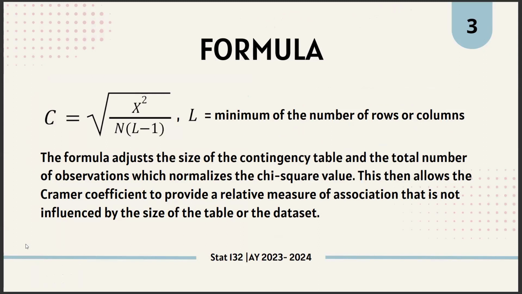The formula adjusts for the size of the contingency table and the total number of observations, which normalizes the chi-square value. This allows the Kramer coefficient to provide a relative measure of association that is not influenced by the size of the table or data set. So the L minus 1 is for adjusting the contingency table so that we normalize the chi-square value.